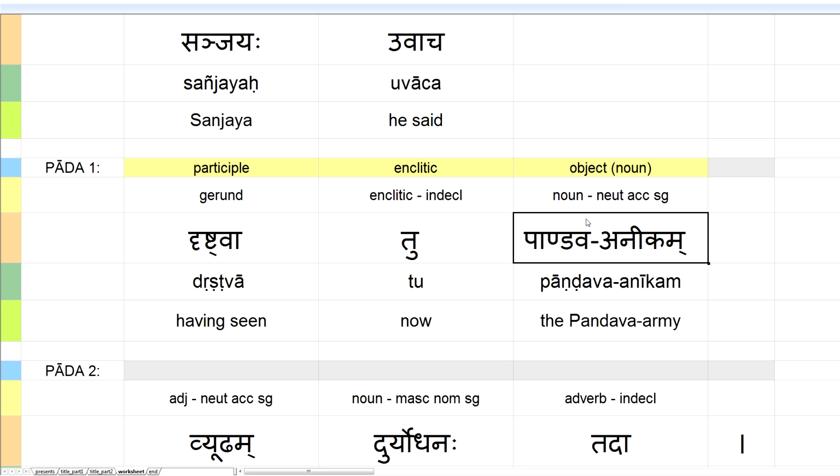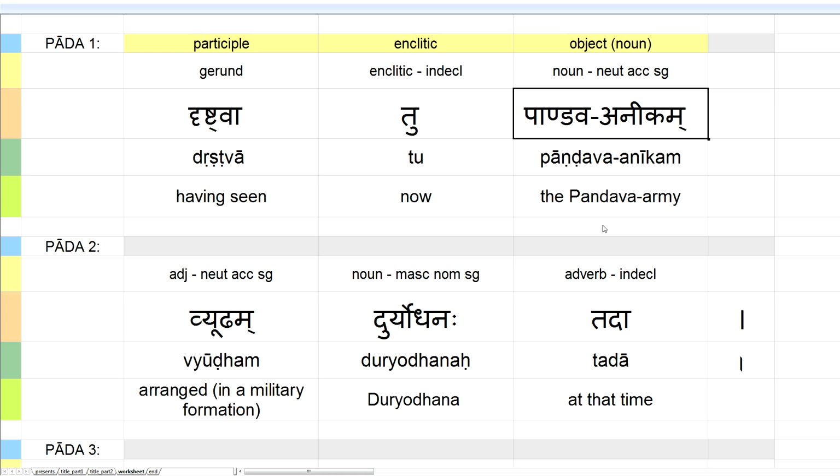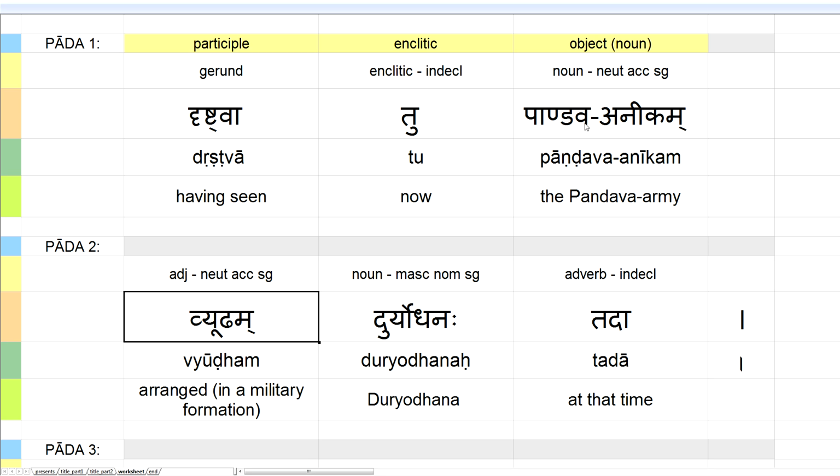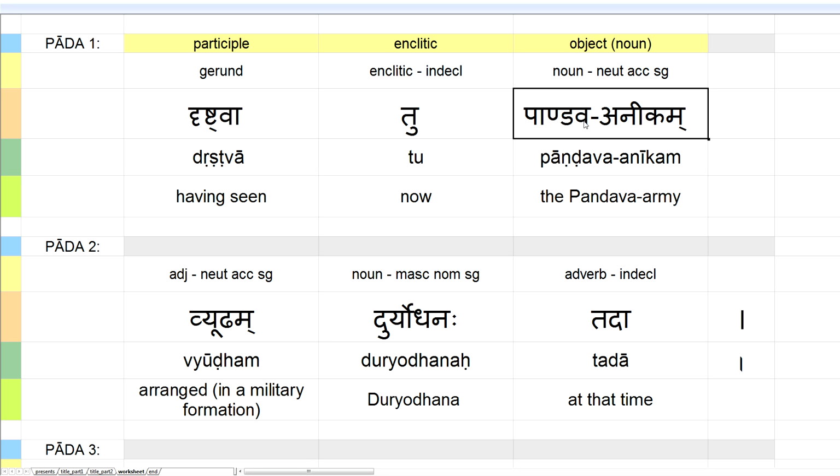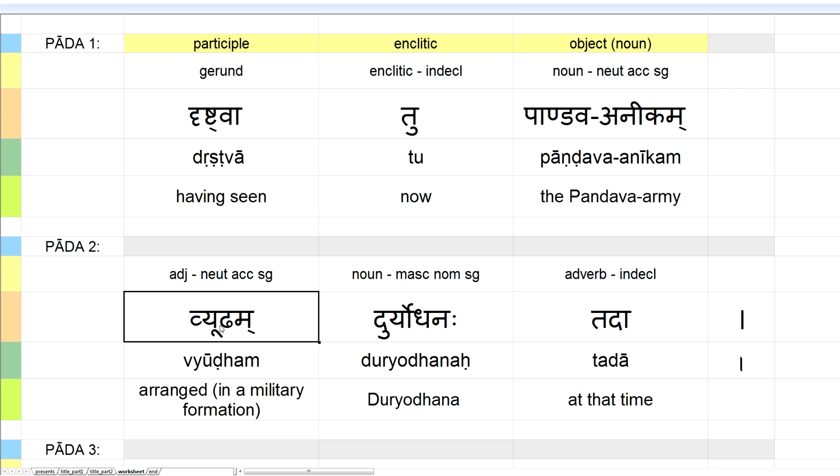And why I'm specifying noun here is because when we go to pada 2 now, we see that this form, vyudham, is an adjective, and comparing it with the previous word, we see that the ending is exactly the same. Both are accusative singular.